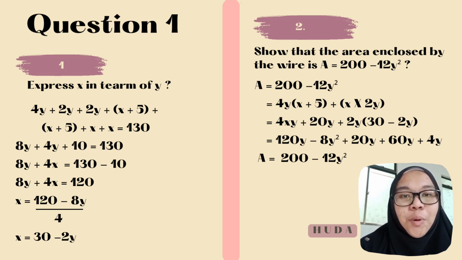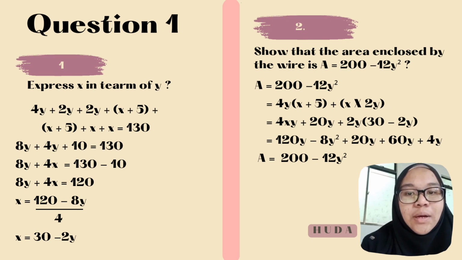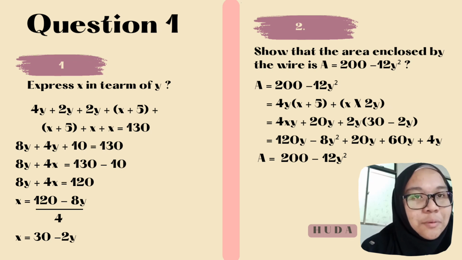The solution is 4y times (x plus 5) plus x times 2y, and then getting 4xy plus 20y plus 2y times (30 minus 2y), and what we get in the math is 60y minus 4y to the power of 2 plus 20y plus 16y and plus 4y, and the final answer for this question is 200y minus 12y to the power of 2, which we already proved, getting the same answer as the question.